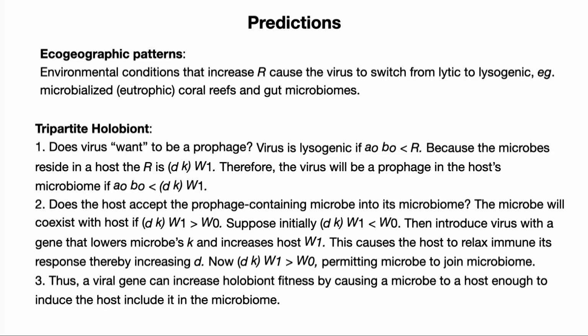But it has some nice predictions, including how you can get a tripartite holobiont. And I think tripartite holobionts are really interesting. Also, as Thomas mentioned a day ago, a patient in the hospital is a holobiont, and it's actually a tripartite holobiont if you are interested in phage therapy, because you have the phage, it's going to hit the microbe, and the microbe is living within the host, and it's the host that's suffering from the pathogenicity.